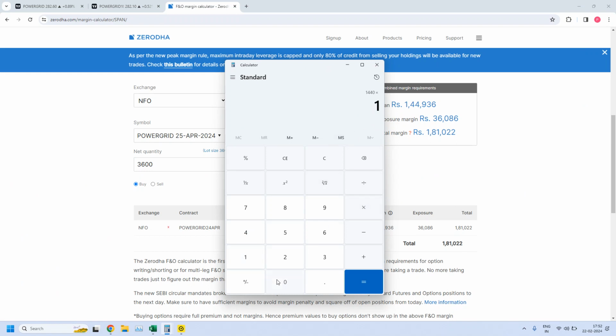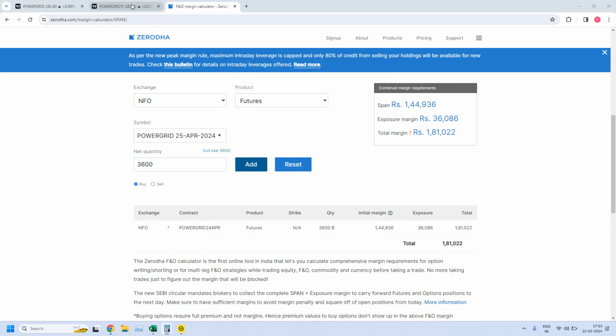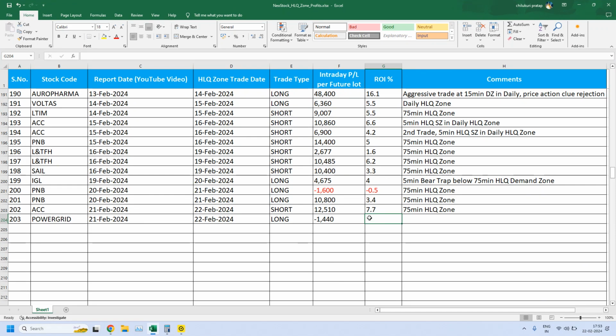1440 into 100 divided by 1,81,022. 0.79. You can say 0.8 round value 0.8. So minus 0.8.